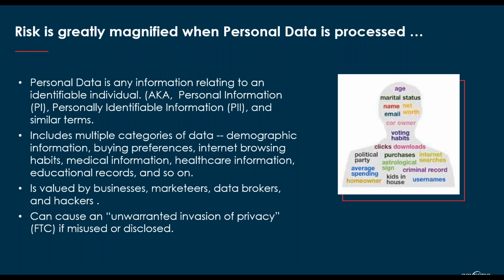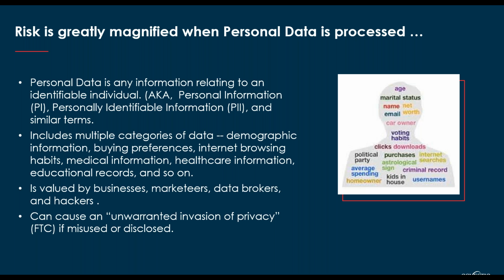Now, personal data is any information relating to an identifiable individual, and it's commonly referred to by other terms like personal information, or PI, or personally identifiable information, PII, or similar terms.